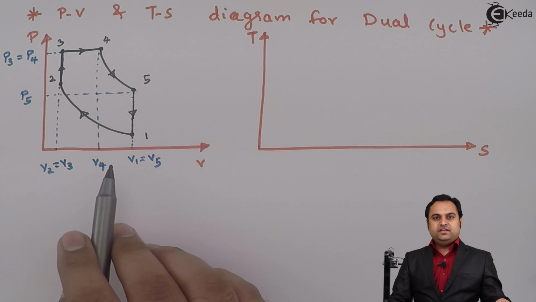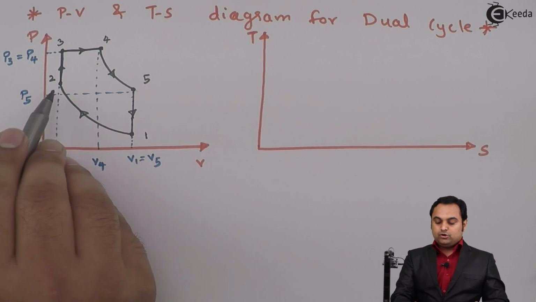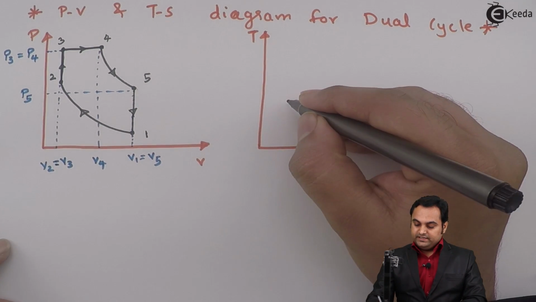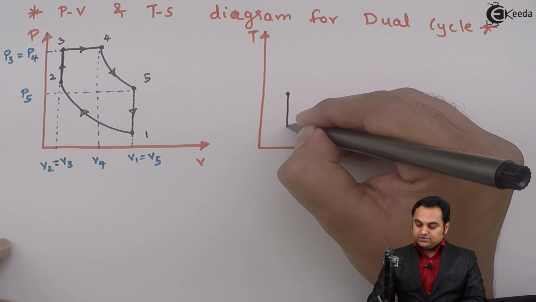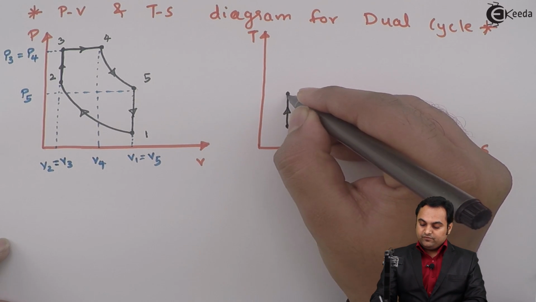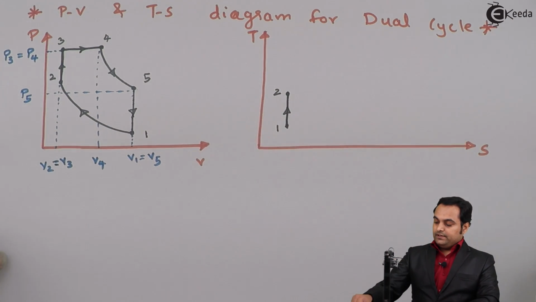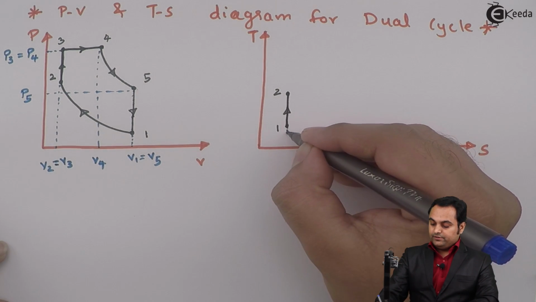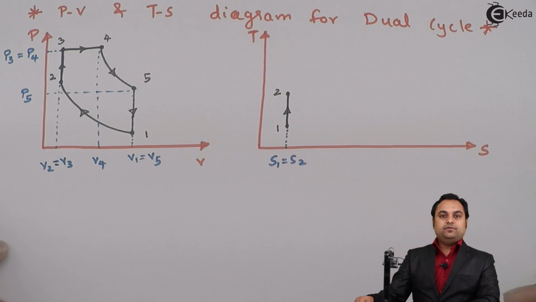Now explaining the same processes on TS diagram. Process 1 was isentropic compression. So on TS diagram, isentropic compression where entropy remains constant, it can be shown with the help of a vertical line, state 1 and 2, and now I can denote here that S1 is equal to S2, entropy remains constant.